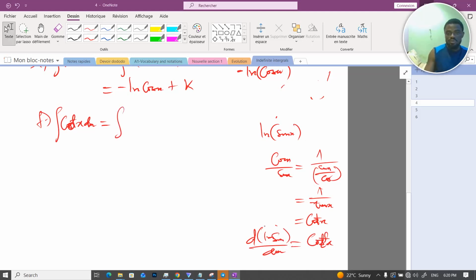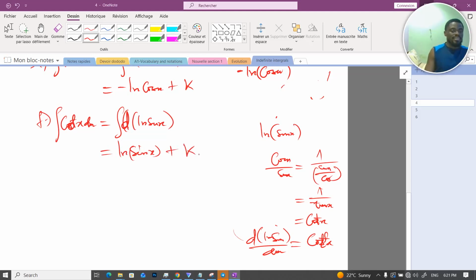The integral of this. If we make d of ln of sine x the subject, this will be the integral of d of ln of sine x. You understand? This will simply give ln of sine x plus the constant of integration k.